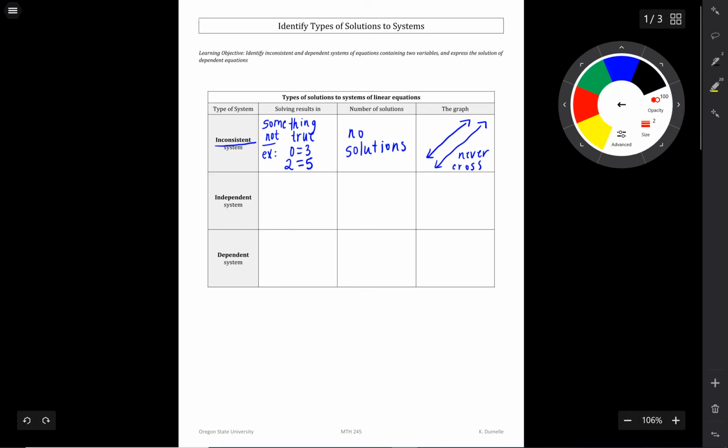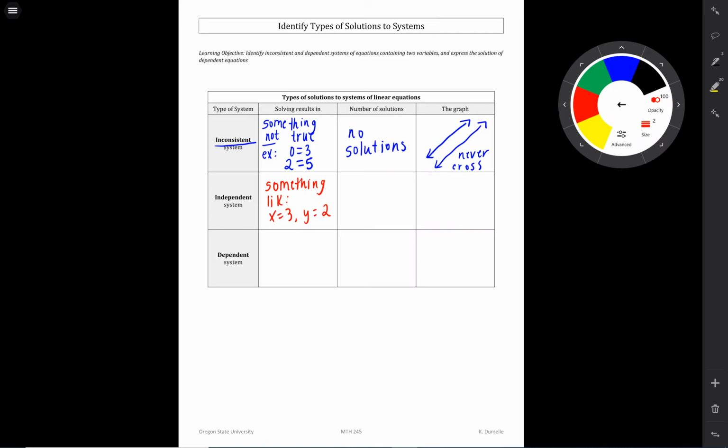Our next possibility is an independent system. And when I solve an independent system, I get something that we've been seeing before. So something like an ordered pair. So x equals 3, y equals 2. This is what we've been seeing so far.